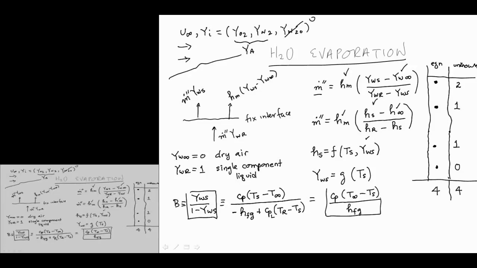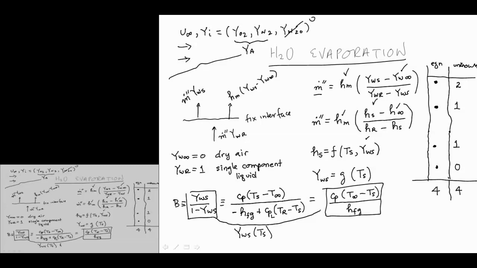Which is great, because what this tells us now is that we have one relationship. So now we sort of condense this. We have a YWS TS relationship because of B. So the combination of these gives us YWS as a function of TS.